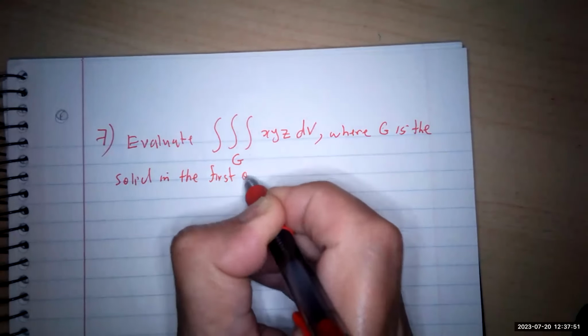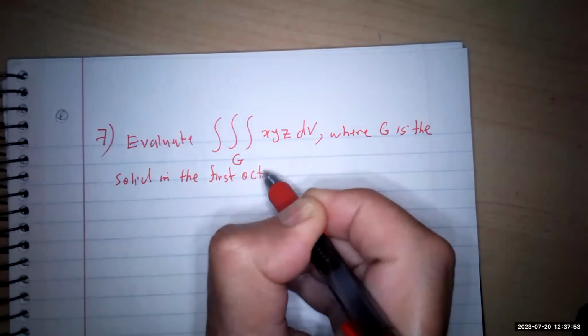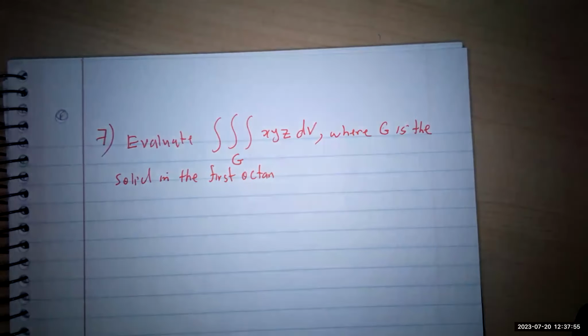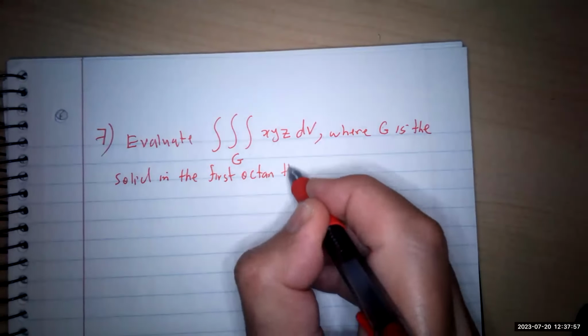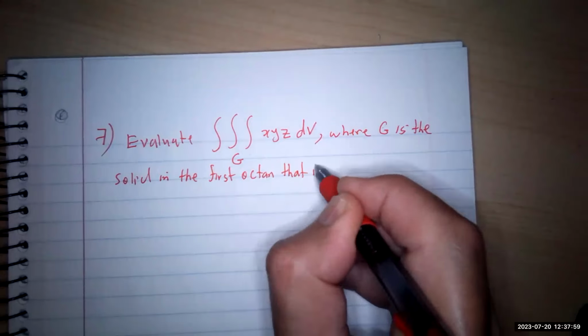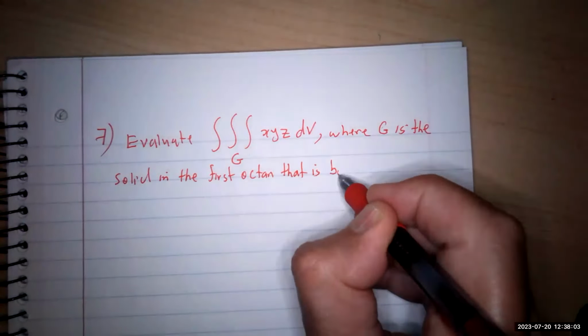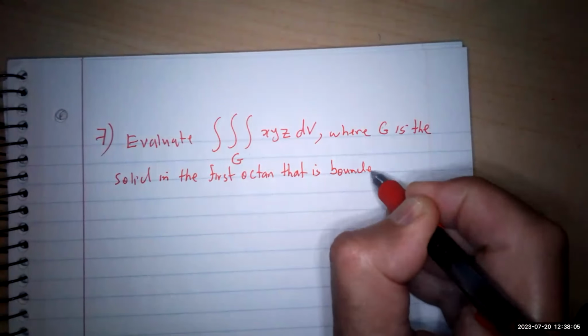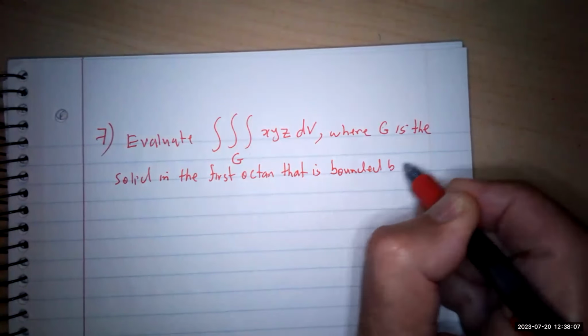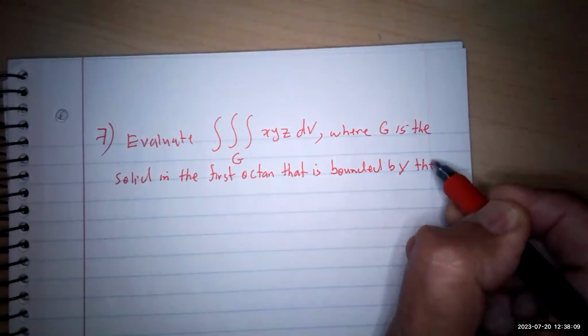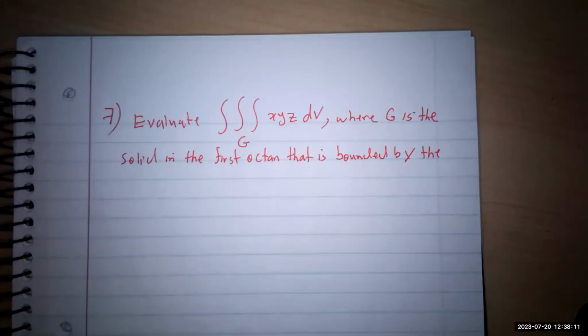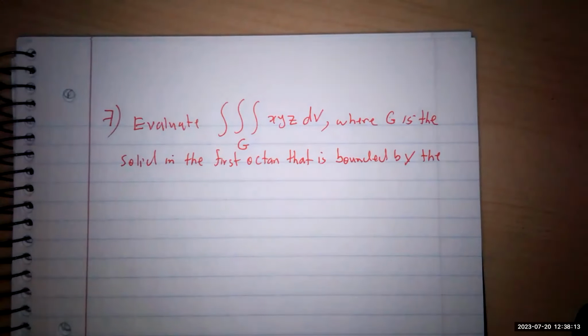First octant that is bounded by the following. In the previous one we did, it was a parabolic cylinder.